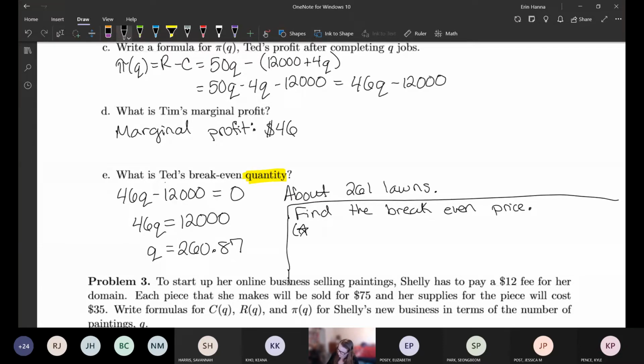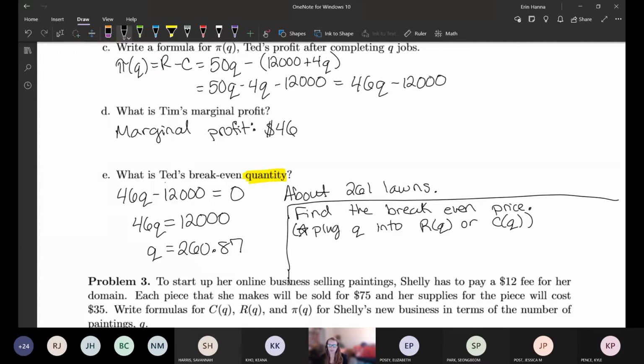Now to find the break-even price, you're going to plug the quantity you just found into either revenue or cost. Now, notice I didn't say profit. If you plug that Q value into profit, you're going to get 0 because that's the point.